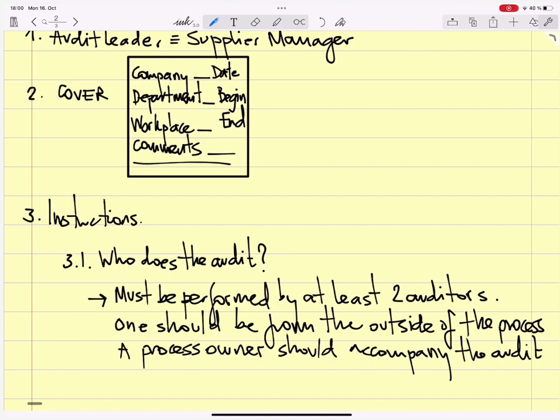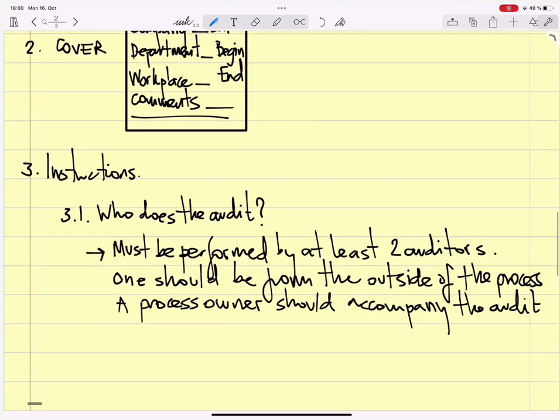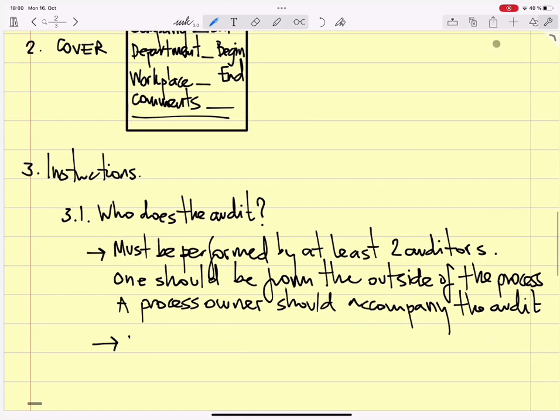Say you go to a production line, so the leader of the production line should be in there. So you need to have process knowledge, which usually comes from the process owner. It's the expert.